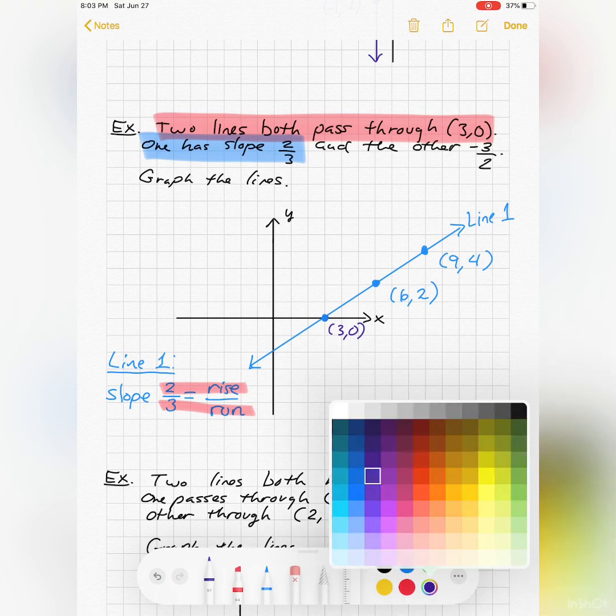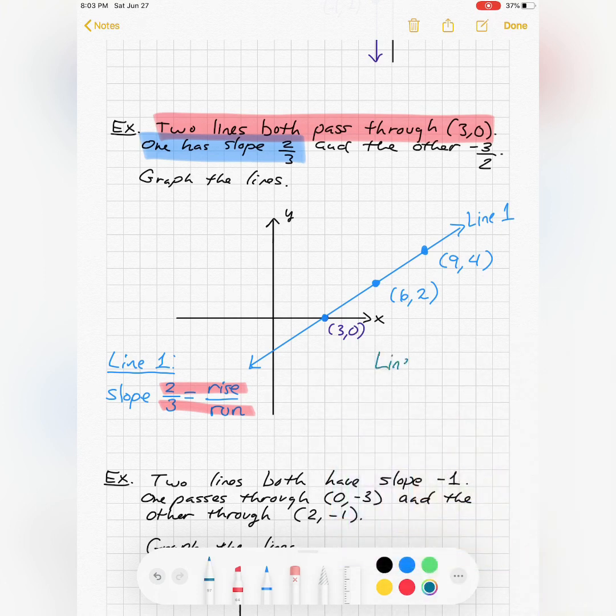Okay, what about line number 2? So line number 2 has a slope of -3/2. Okay, so the rise is -3.